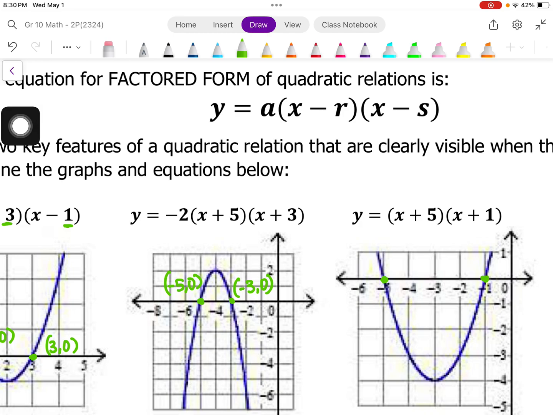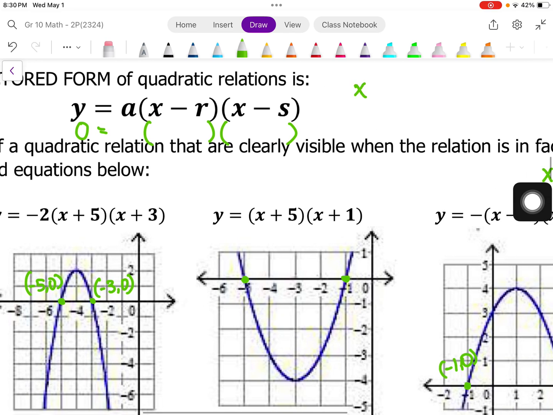So in order for y to equal 0, now a is going to be a number, and so a cannot impact our answer of 0. So that means either this part has to equal 0 or this part has to equal 0. So that means x minus r has to equal 0 or x minus s has to equal 0.